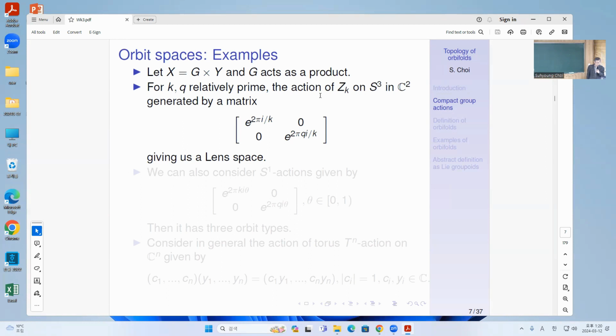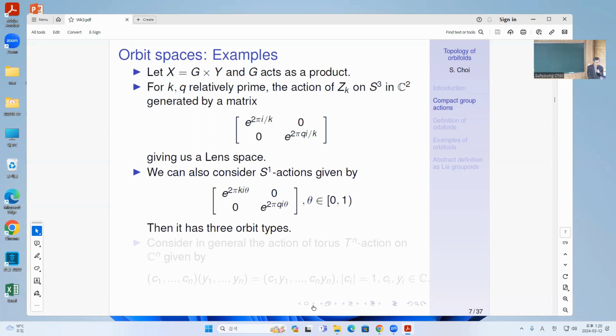Let's look at the action of a cyclic group of order k on S^3 in C^2. You consider S^3 as the unit sphere in C^2, which is R^4, and you can multiply by these matrices. The quotient gives you a lens space, which is explained in Hatcher's book, so I'm not going to cover that.